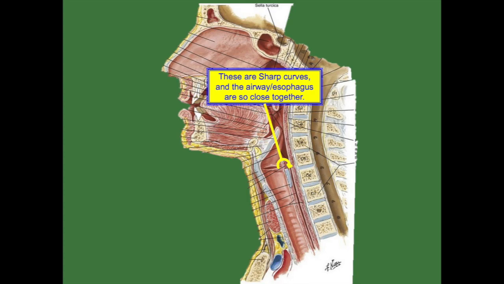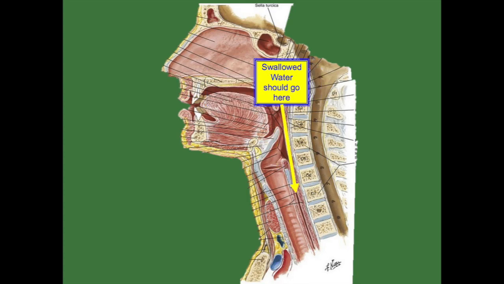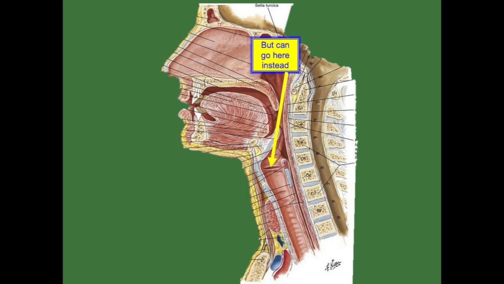There's just not a lot of room and protection there, especially when we're swallowing or breathing. So the swallowed water should go to the esophagus and instead can end up in the trachea, and that's when we have our problems with laryngospasm.